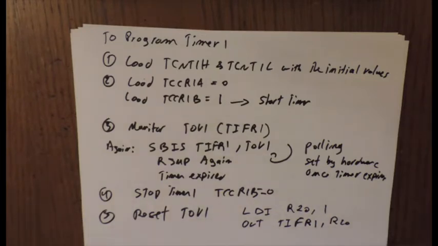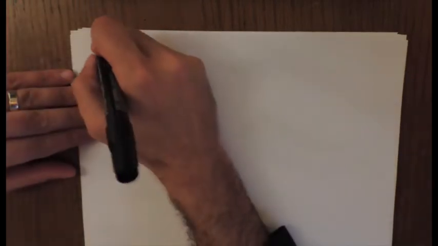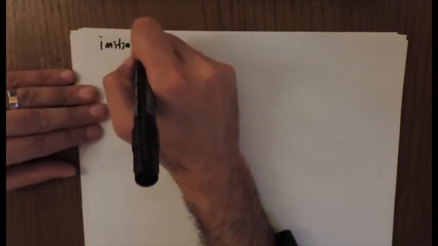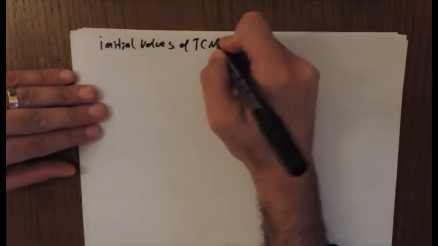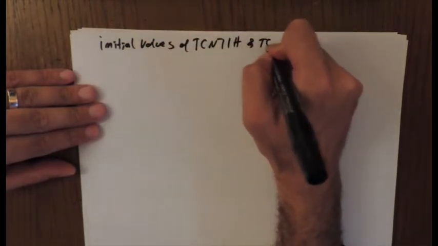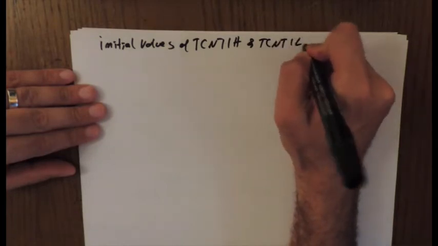So let's start now each step of the way and build the program. We're going to start with step number 1, and how do we actually know what values to load inside timer counter 1 high and low. So let's talk about initial values of timer counter 1 high and timer counter 1 low.